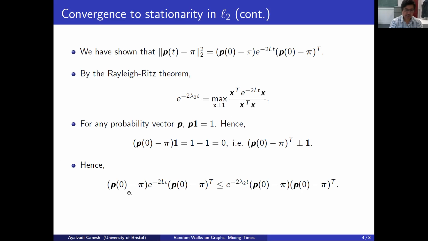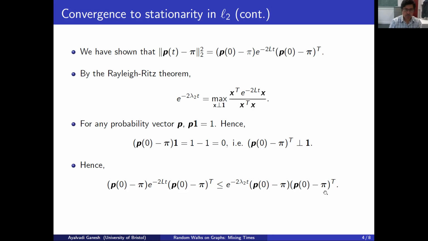So in general, for any other vector x orthogonal to the all one vector, this quadratic form is bounded above by e to the minus 2 lambda 2 t times the inner product x transpose x, where x is P naught minus pi.